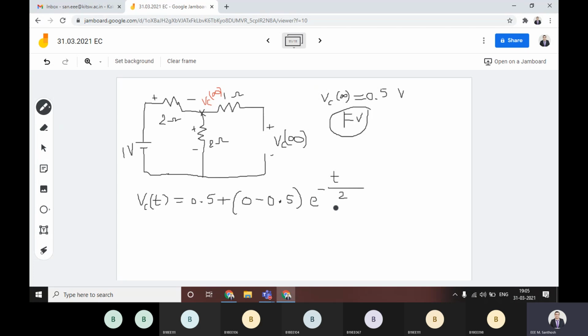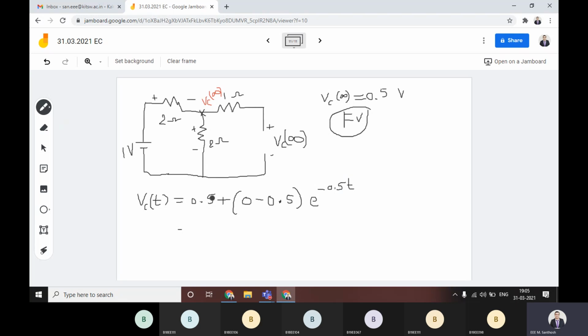Okay? Is that clear? That means you will get here 1 by 2. Then in the next expression you can write 1 by 2 is 0.5. Simply you can write e power minus 0.5 into t.